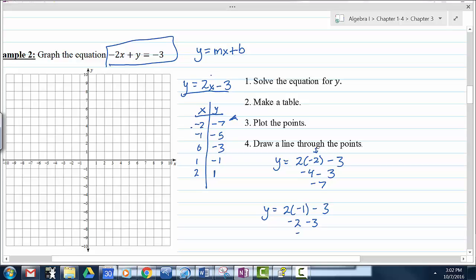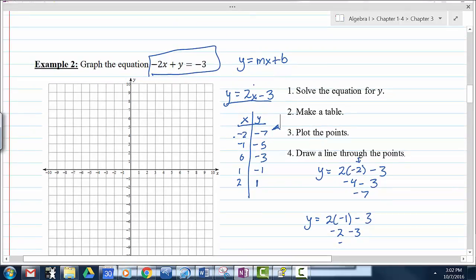So with those points, if I plot those points, see -2, -7. Notice that they go in a straight line.